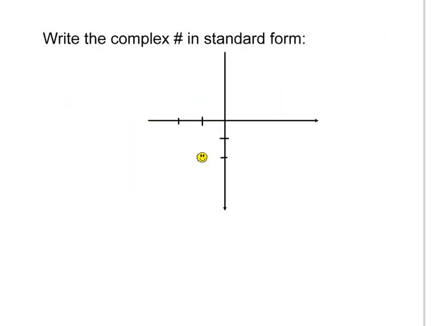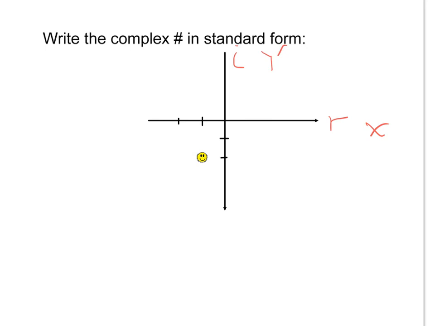And last but not least, if I want to graph a complex number, we did this in Chapter 6 for the Level 1 kids. This is my real number line right here. This is my imaginary number line right here. If we think about x, y coordinates, this is my x and this is my y.